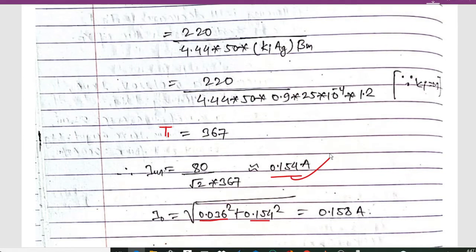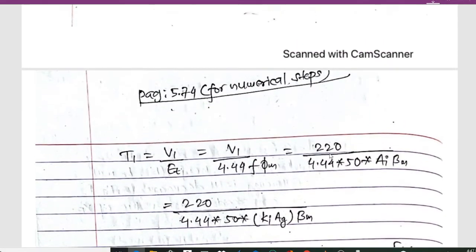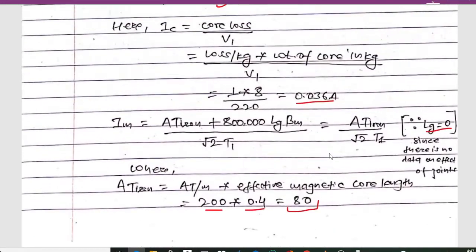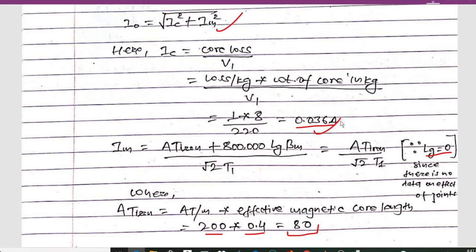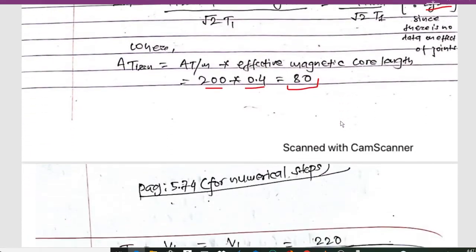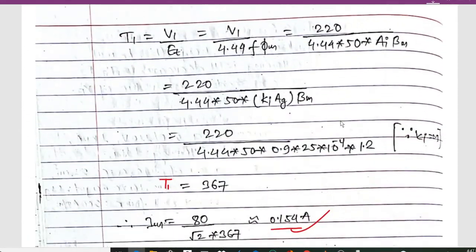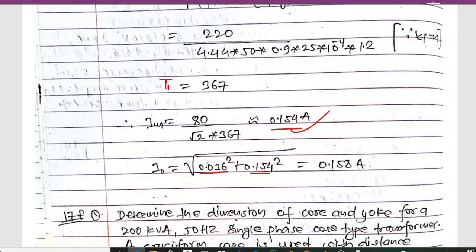So root under Ic square plus Im square gives the value of I naught current, that is 0.158 ampere.